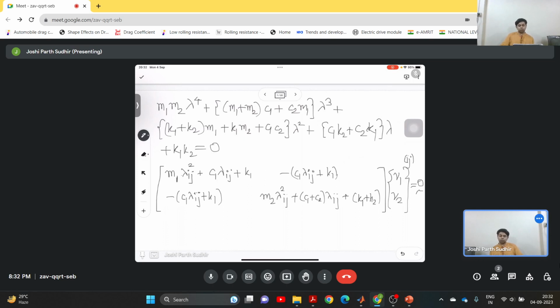So for a non-trivial solution, we will get that v2 will be v1 of ij into m1 lambda ij whole square plus c1 lambda ij plus k1, upon c1 lambda ij plus k1.